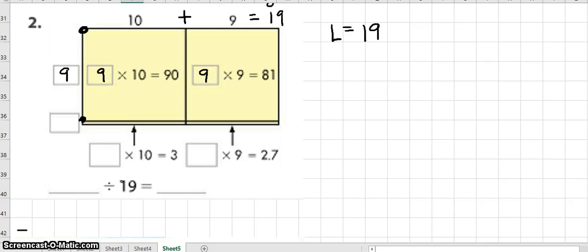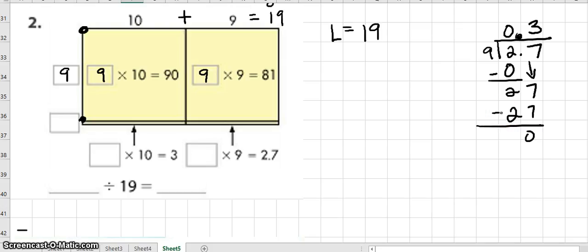Then I'm going to look here, and I'm going to say, okay, something times 9 equals 2 and 7/10. So I'm going to come over here and do some division. What times 9 equals 27? 3. So I think this is 3/10.